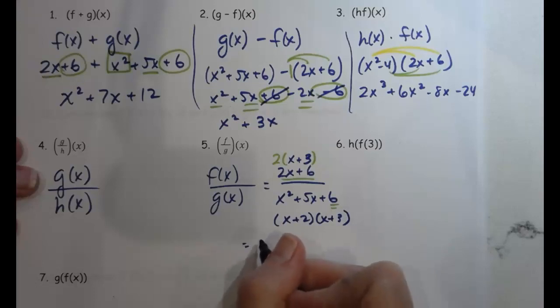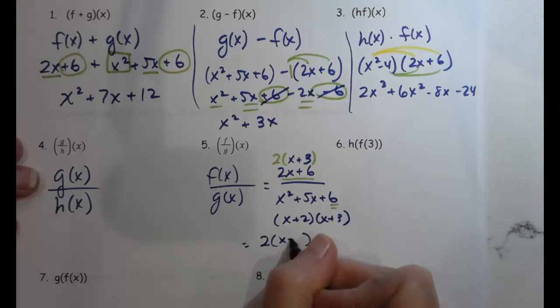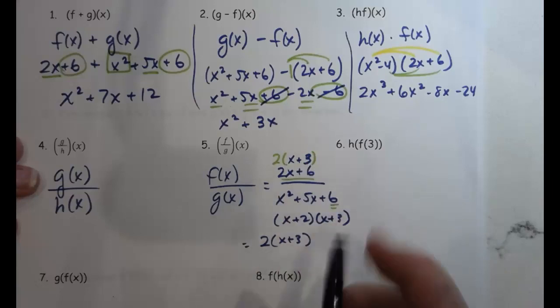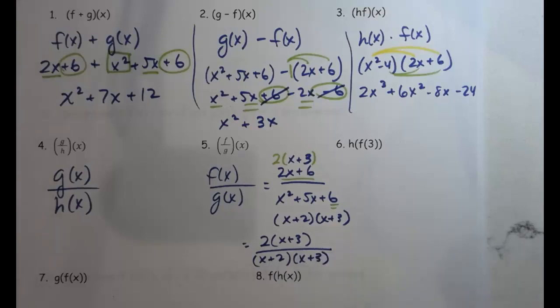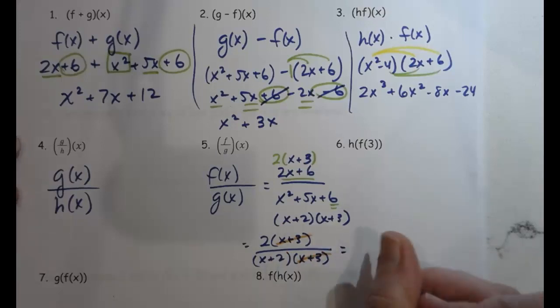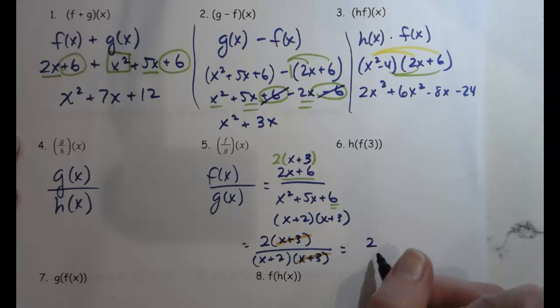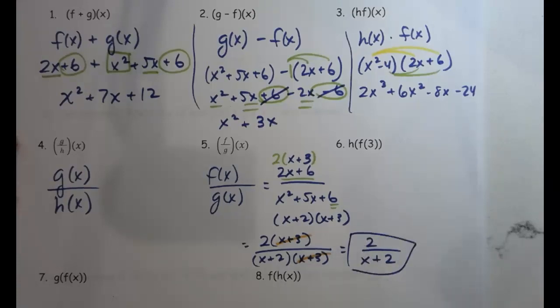So what happens here, if we have 2 times x plus 3, that's straight from the top, over x plus 2 times x plus 3, we magically are going to have something cancel in the x plus 3's, leaving us with a simplified result of 2 over x plus 2. There you go. That's our quotient.